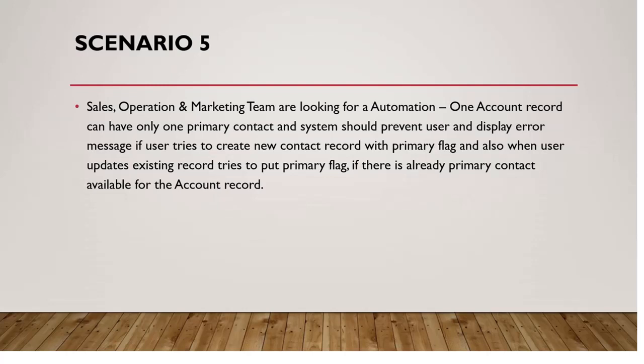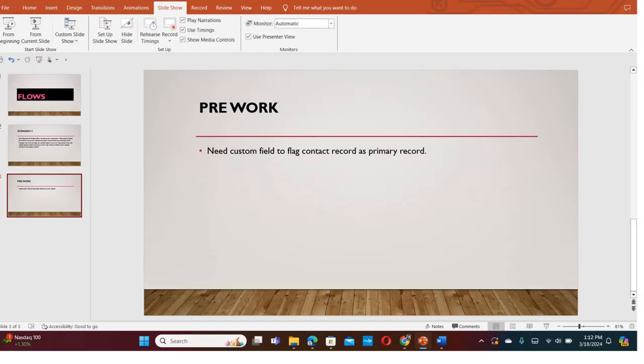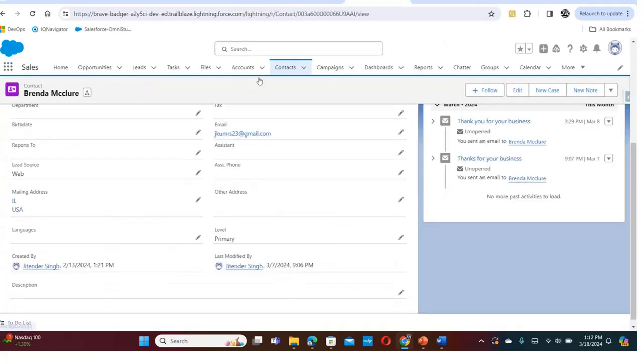In order to complete this flow, we need a custom field to flag the contact record as the primary record. You have seen this in earlier videos as well, but I'm just going to show you what field I have created to tag my contact record as primary. So let me jump onto my practice org. Here I have already opened the contact record.